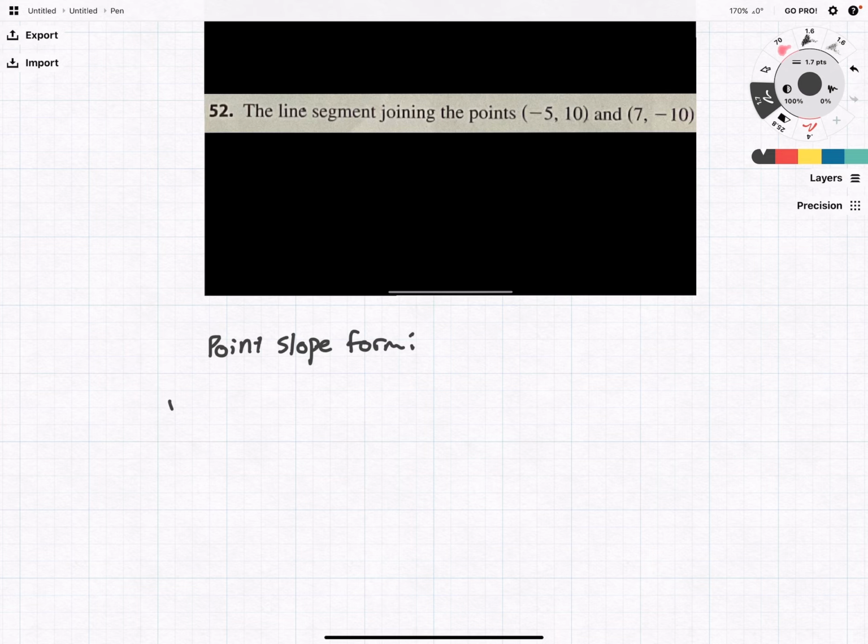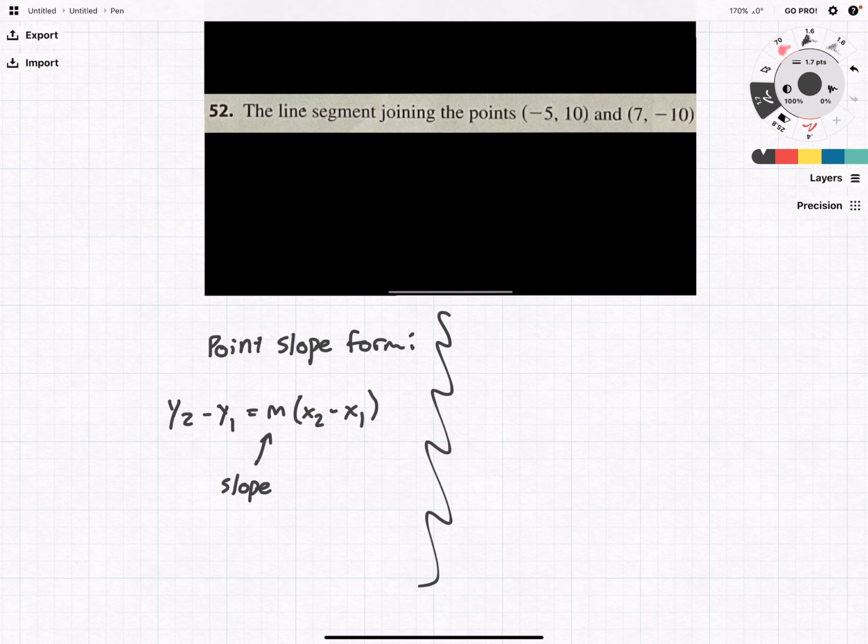That's going to look like y2 minus y1 equals m times x2 minus x1, where m is our slope, and then y2 and y1, x2 and x1, those are our respective points, at least the y and x values to those points. So that's point-slope form.